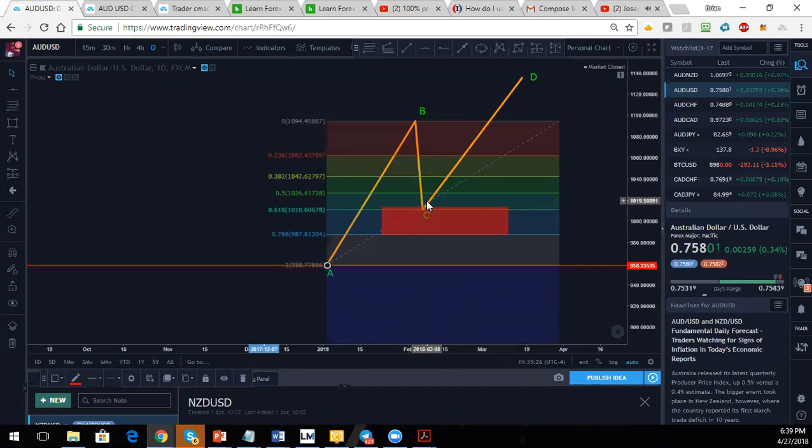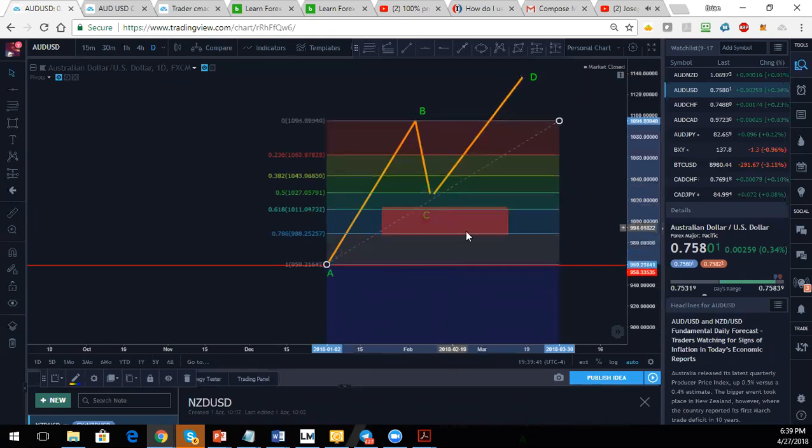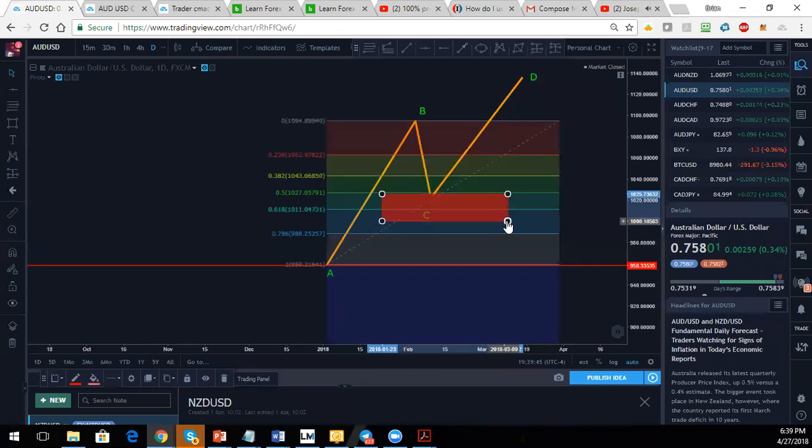But let's say in a non-traditional AB equals CD pattern, price stops short.